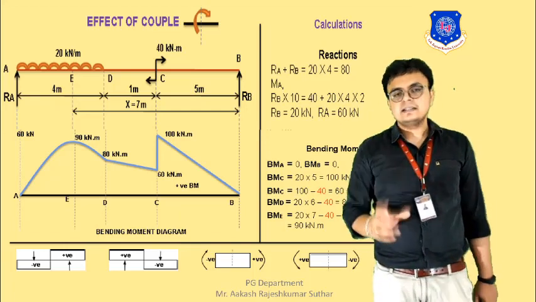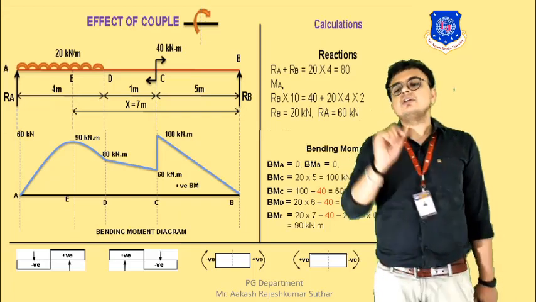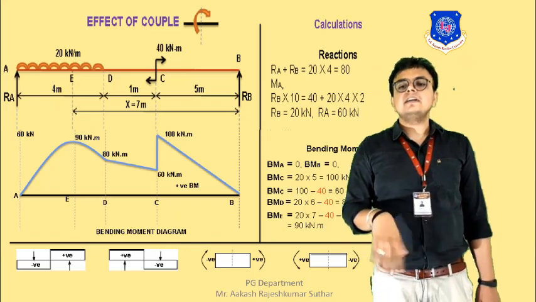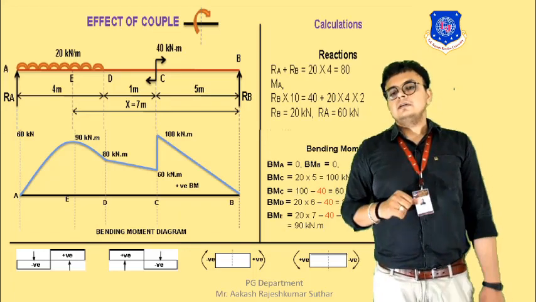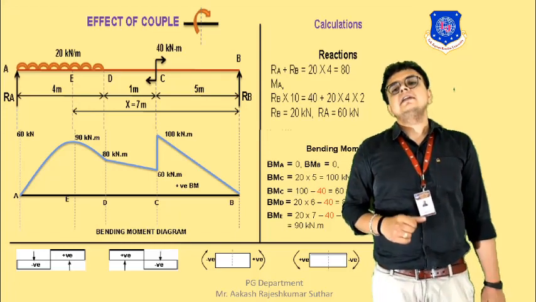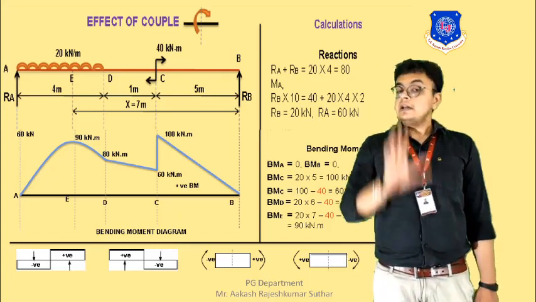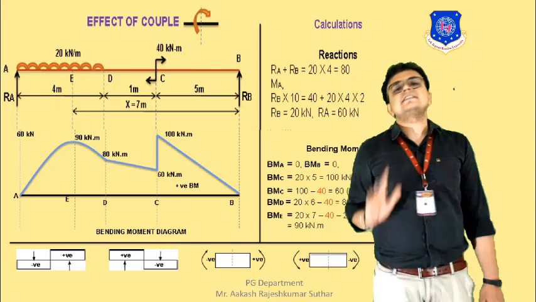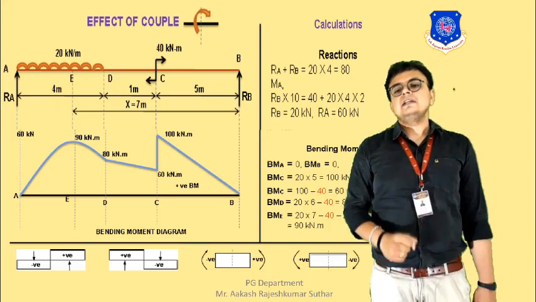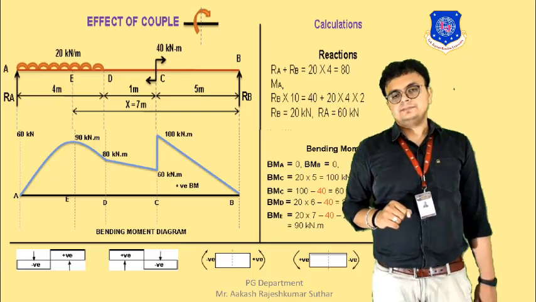We are just converting that UDL into a concentrated load, so we are multiplying it by the distance and further dividing it by 2. Finally we are getting the bending moment at E equal to 90 kN-m, and hence we can say that the bending moment at E is the maximum.